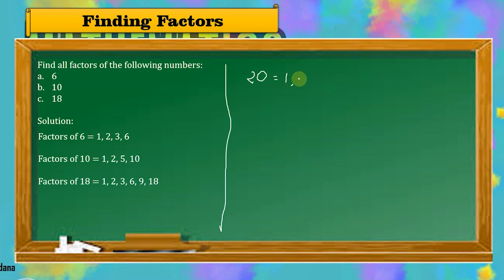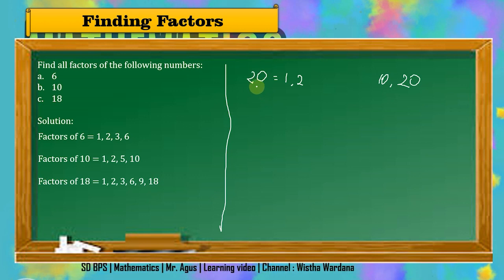And then you get 1. 1 multiplied by a number gives the result 20. So you can write 20 here. Okay. And then 20 is divisible by 2. So you write 2 here, and 2 times 10 gets 20. So you get 10 here. And then divisible by 4.